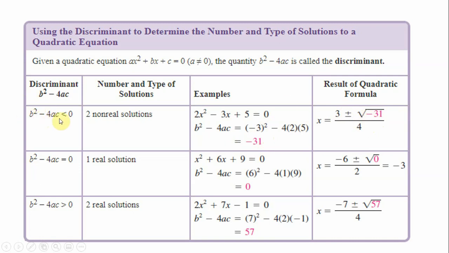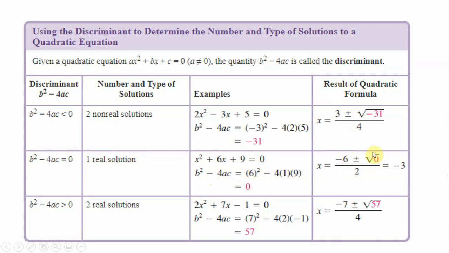So if this is less than 0, I have no real solutions. They're both complex. If b squared minus 4ac is equal to 0, I have one real solution. So here's x squared plus 6x plus 9 equal to 0. Here's my a, b, c, and b squared minus 4ac is 6 squared minus 4 times 9, and that turns out to be 0.